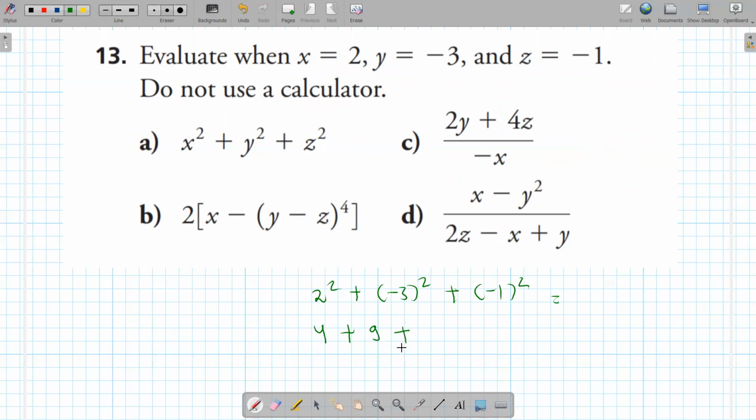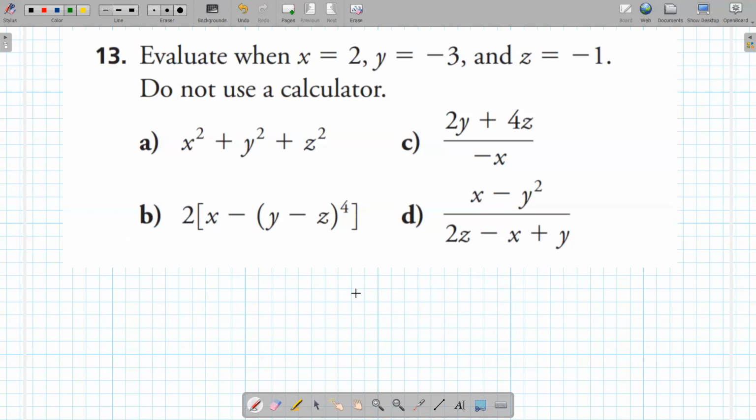And then negative 1 squared is just 1. Yeah, you can't use a calculator, right? What does that add up to? 14. Yes. So that's A. Let's look at B.